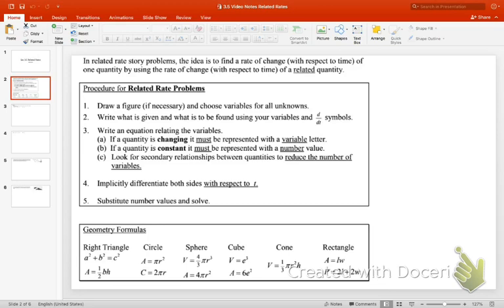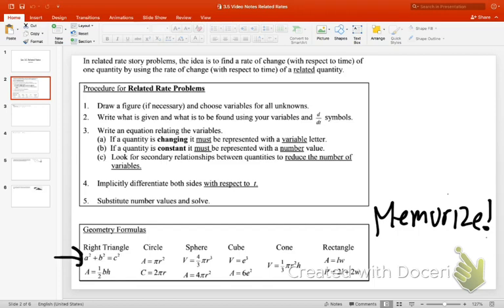So there's several formulas that you're going to need, and these need to be memorized. These will not be given to you on the test. It's something that you need to know. So you have your right triangle, we have Pythagorean Theorem, and the area of a triangle.